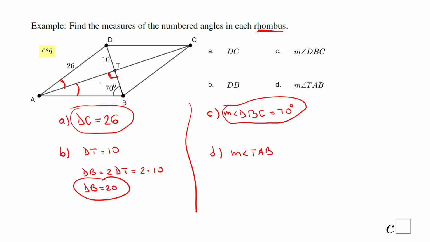So now, how can we find these angles? We're going to do 90 minus 70, and that will be 20. And let me be sure the math I did here is for angle BAT. That's the angle, you're right, we're good, TAB. Okay, so the measure of angle TAB is 20 degrees.